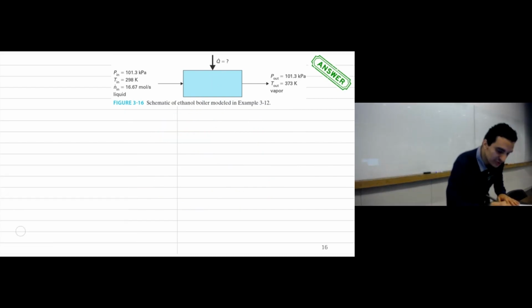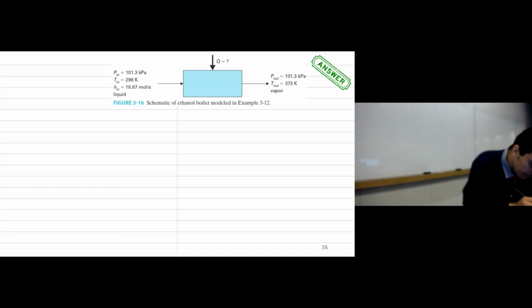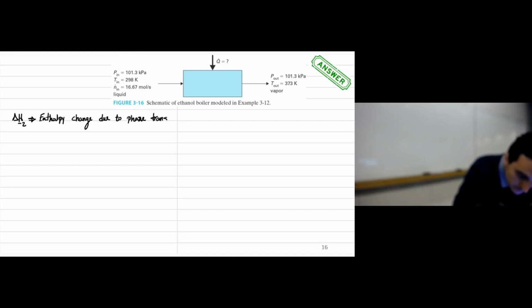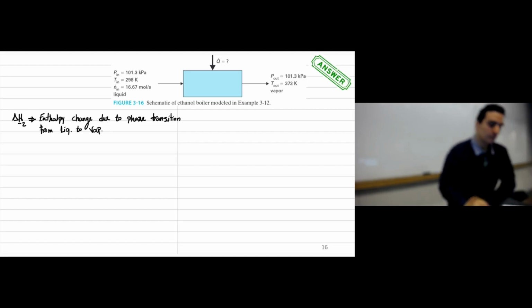Okay, so how can we find these? Let's start with the easiest one, which is delta H2. Delta H2 is the enthalpy change due to phase transition from liquid to vapor. And this one you can find directly.